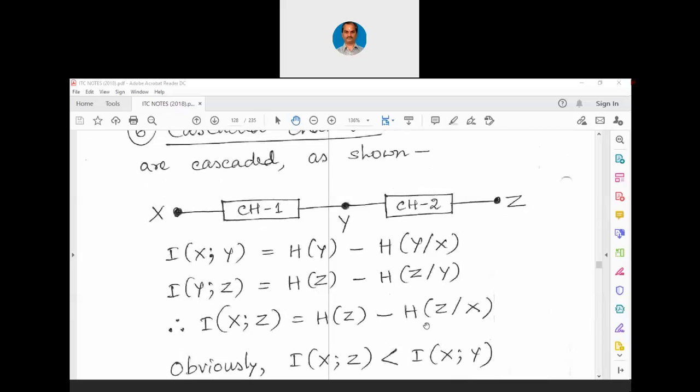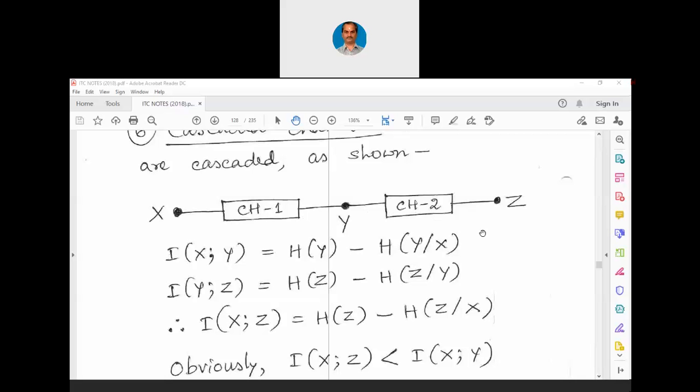Now obviously, I(X;Z) is less than I(X;Y). Why? Just look at this. I(X;Z) is less than I(X;Y). It means the mutual information received at Z is obviously less than the mutual information that is received at Y. Why? Because channel 2 will have an added noise in addition to the noise that was added at channel 1. That is obvious.